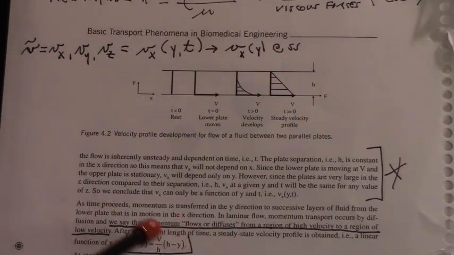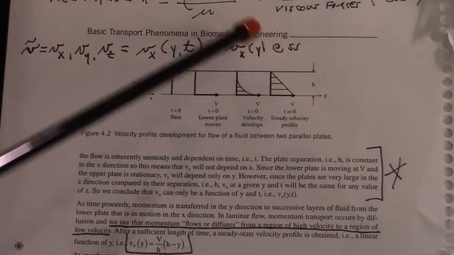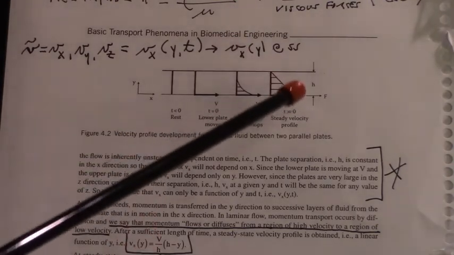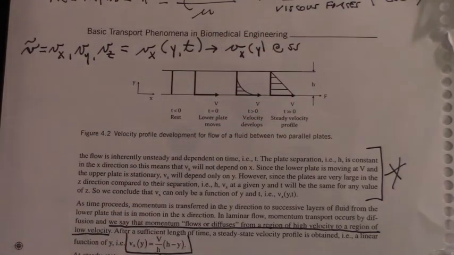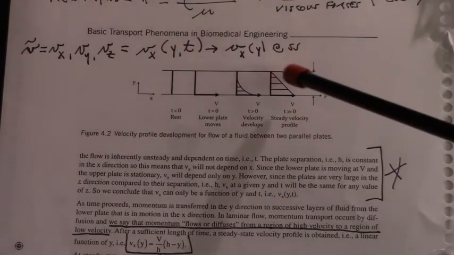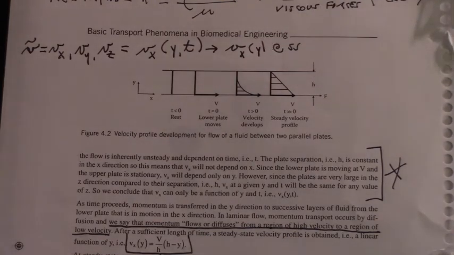So after a sufficient length of time, a steady state profile is obtained, and the velocity profile, Vx, only depends on y. Now you're probably saying, why doesn't it depend on x or z? Well, it doesn't depend on z because z is coming out at you, and because the plates are very, very wide and the thickness h is constant along that distance, this profile should exist all the way out, perpendicular to the page.